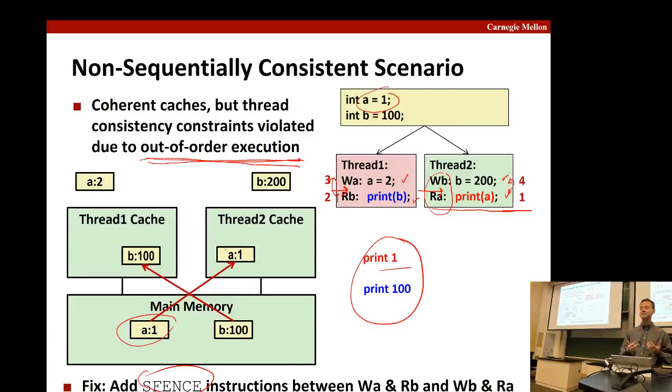It would be fast, and you wouldn't have to add these silly fence operations. But unfortunately that's not the world we live in, because people didn't want to give up the performance that would be required to get that perfect world in terms of modeling. So instead we have this imperfect world where we have to put in fence operations if we want to ensure particular things are ordered.